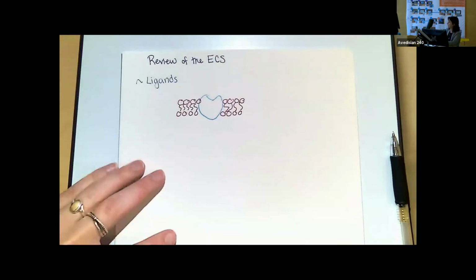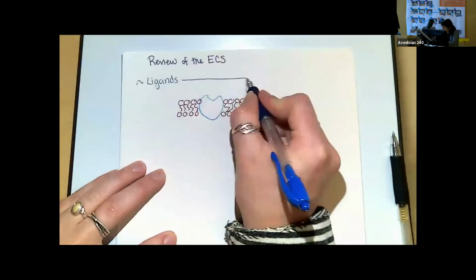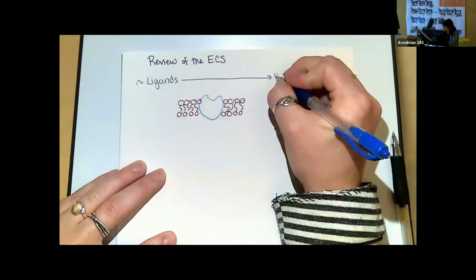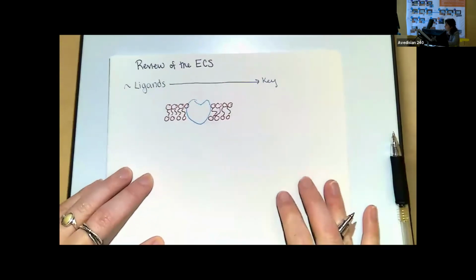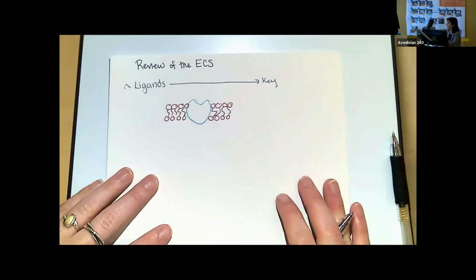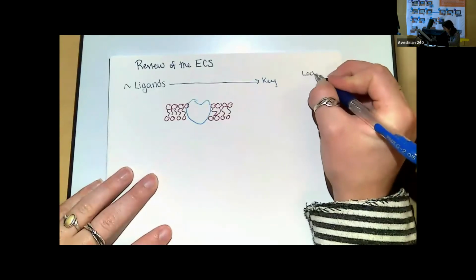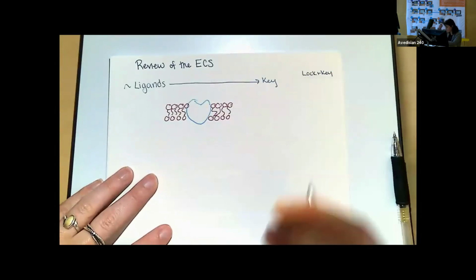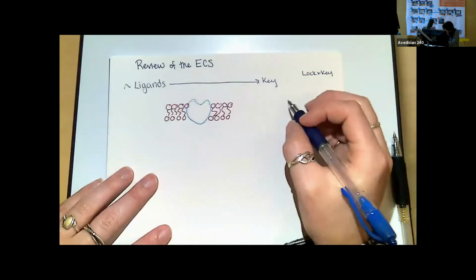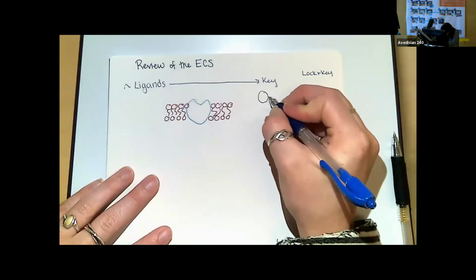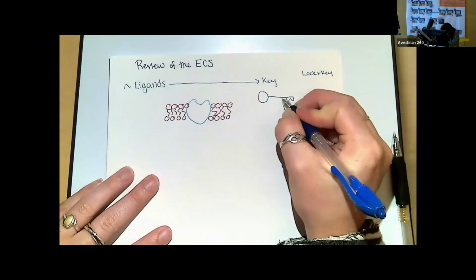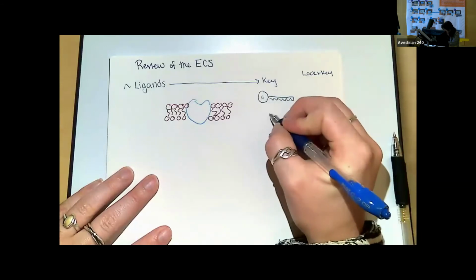When we think of ligands, I think a synonymous term here is key. And what exactly does that mean? It means we're referring to the lock and key for activating receptors. So in this case, your ligand, say it's a small molecule, is going to be your key.